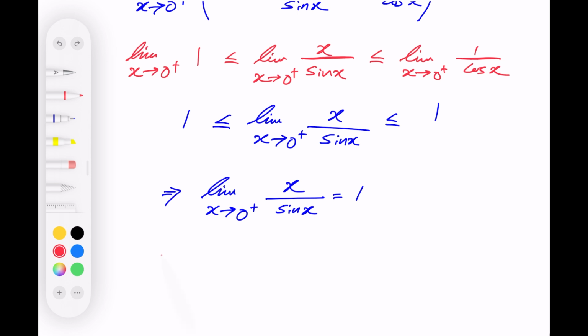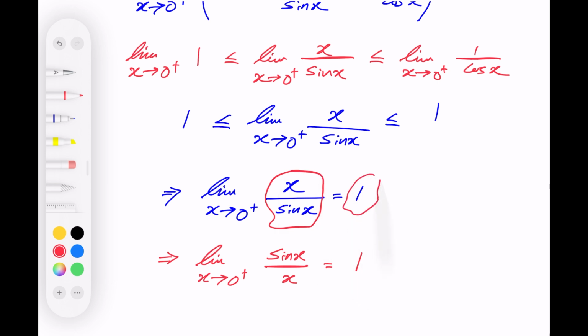Now from that, I can quite easily flip that and write it as limit x approaches 0 from the right hand side sine x over x is also equal to 1. If I flip this function, I just have to flip the right hand side. So 1 over 1 is also equal to 1.